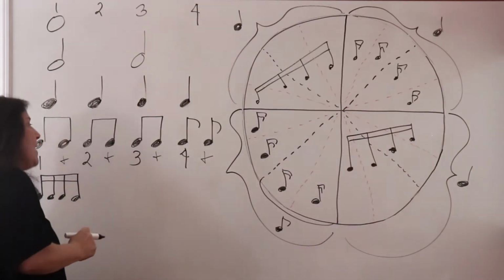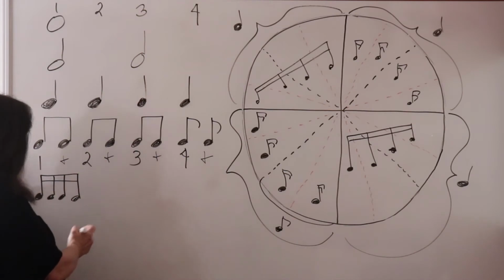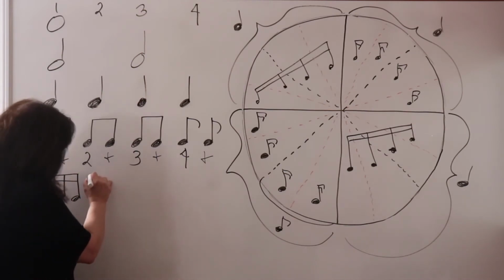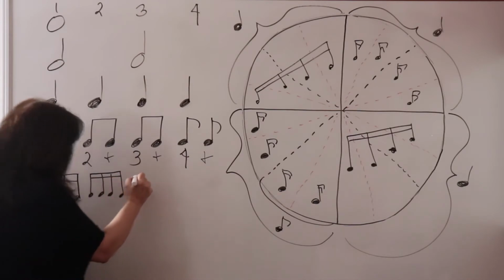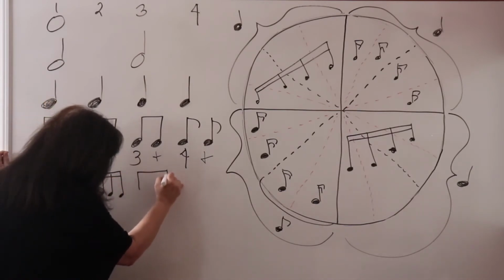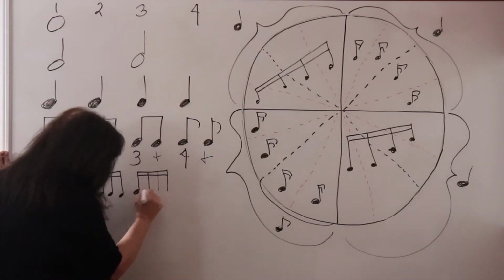And then when we come back to our counting, I'm going to draw this right under the eighth notes so that we can easily define where those parts of the beat fall.